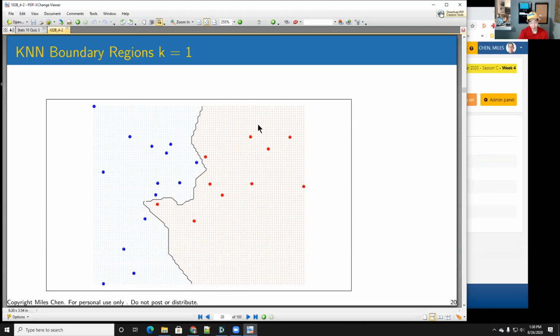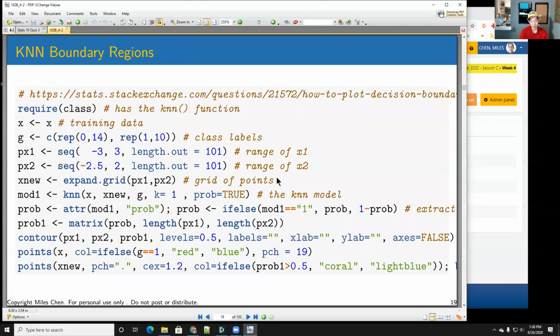And so I created a whole grid, and that's what this code is. We just created a giant grid of these things using expand grid, where I went from -3 to 3 and -2.5 to 2, and I did 101 of these things. Then we asked R to run k nearest neighbors with k equal to 1.